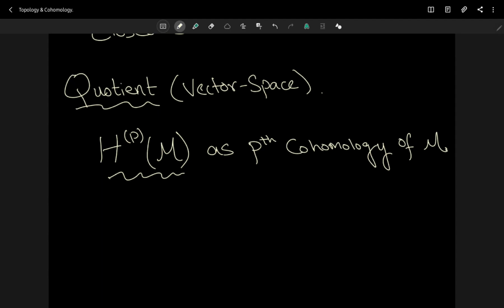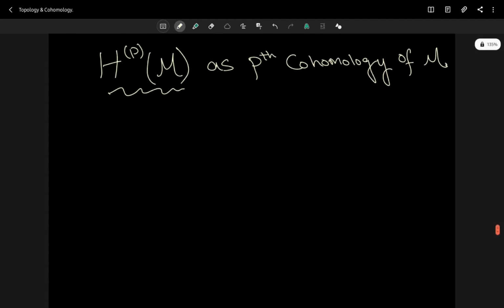And we are going to start by calling this a quotient, a vector space. So let's define this. What is this going to look like? Well, this H P of M is equal to the ratio of your closed forms to the exact forms.